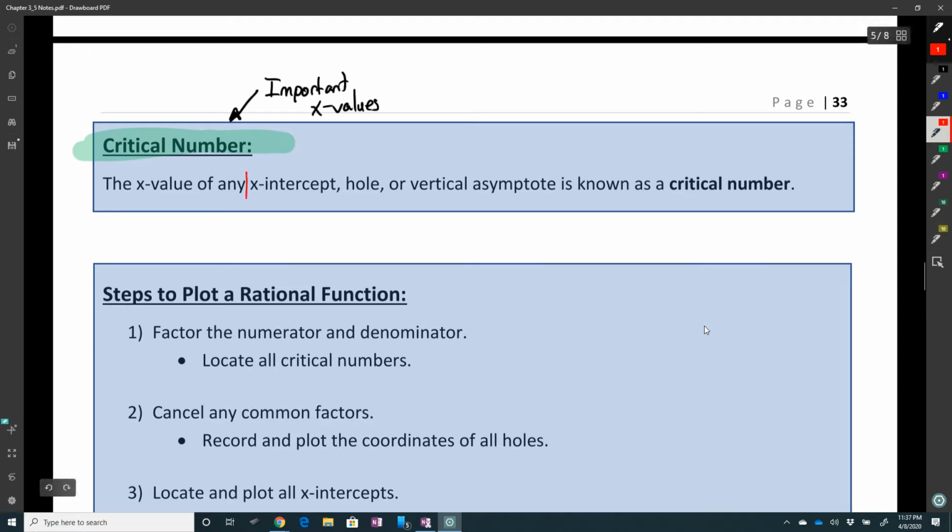Well, it's important if it's an x-intercept, because remember, x-intercepts are factors, so that's important. It's important if there's a hole. If the graph doesn't exist, I want to know about it. And then finally, it's a critical number if it's a vertical asymptote. So those are what we call critical numbers: x-intercepts, holes, and vertical asymptotes. And again, when you get to calculus, you're going to spend a lot of time finding x-intercepts, holes, and vertical asymptotes.